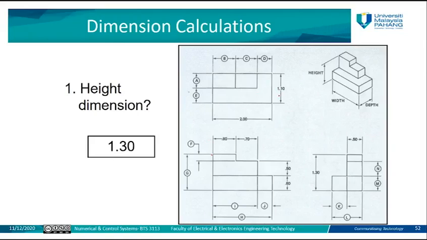So here this one is 1.1, but you still have 1.3 here. Since this part is the highest, not this one, you can see from this view that this is the highest one, and this is the down. So the difference from this point until the ground is 1.3. So this represents the height of your figure.